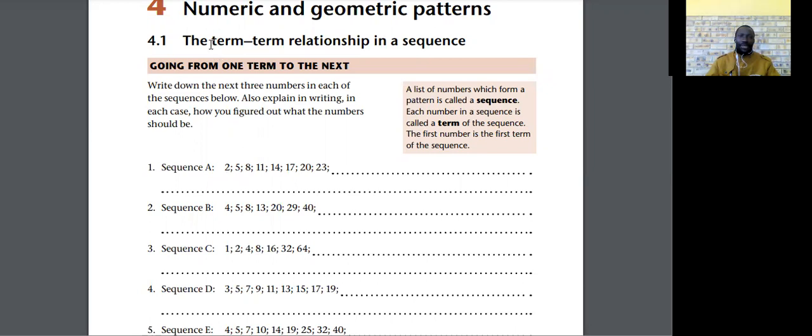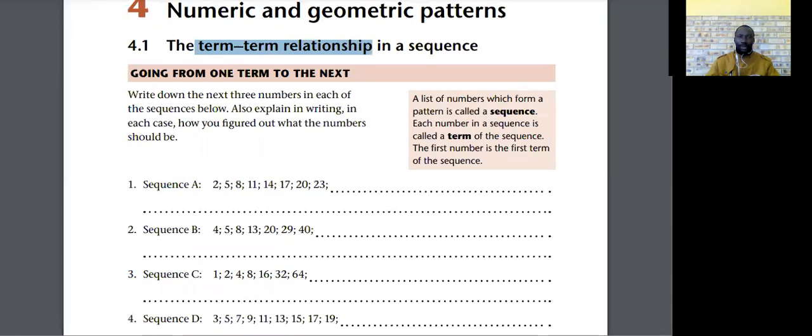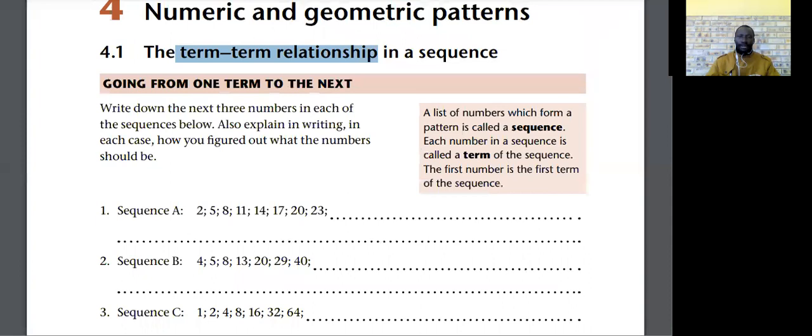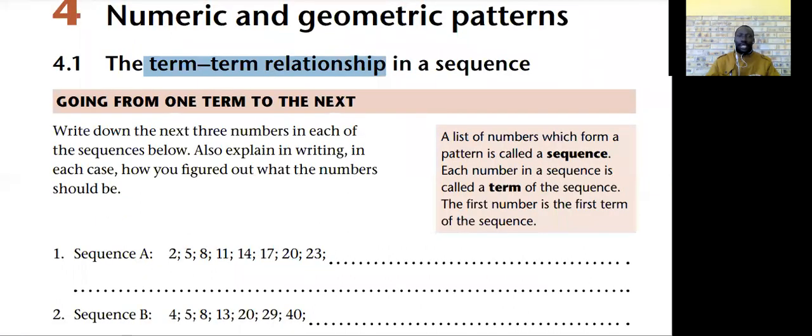So in this case, we are using one term to find the other term. That's the reason we are calling it term-to-term relationship. You use the term which you have been given, which in this case is 2.